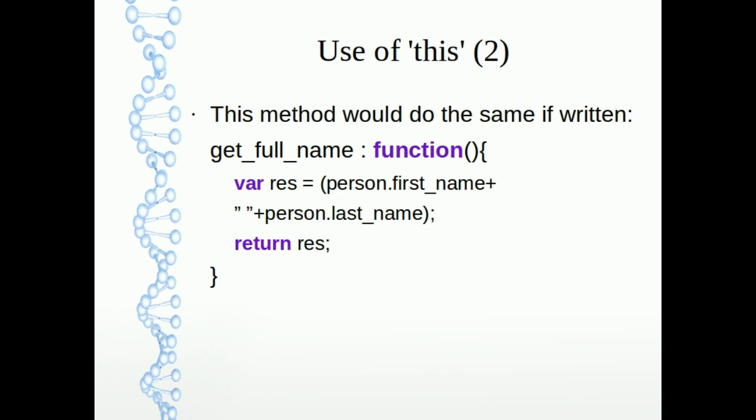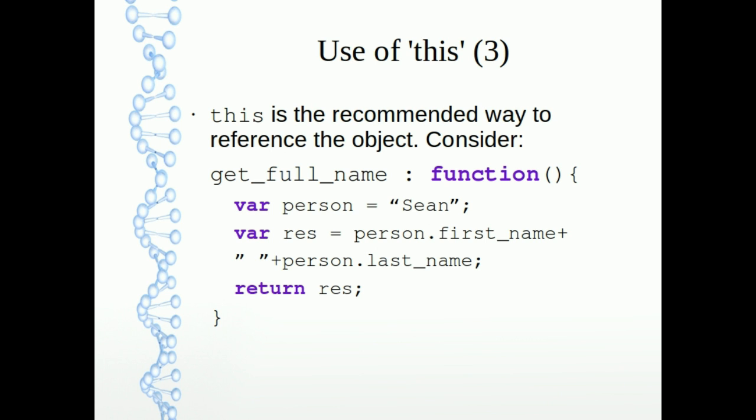The keyword this is the recommended way to reference the object from within one of its methods. Consider the following example. Because we have created a variable within the getFullName function, which is called person, when we try to access the person object, the interpreter will instead try to access the person variable we just created, and we will not get the desired result.